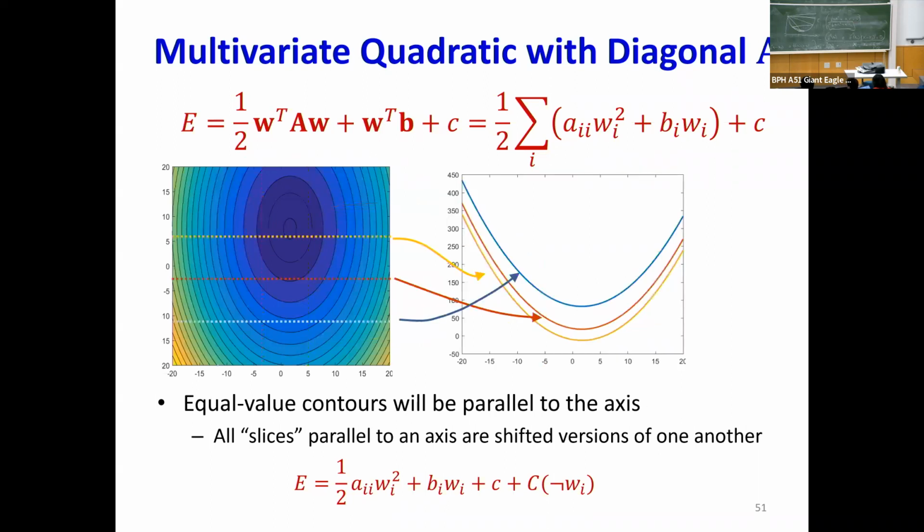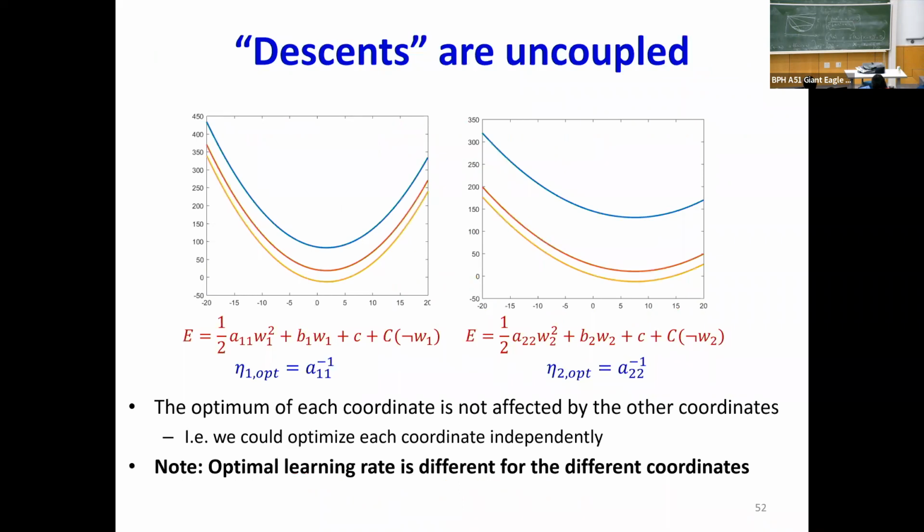Also, if I took horizontal slices, the value of x2 where the slices have a minimum is always going to be the same, and it's always the same quadratic. Okay. So now, if I take the bowls with respect to x1, they have this term as my constant for the quadratic term.